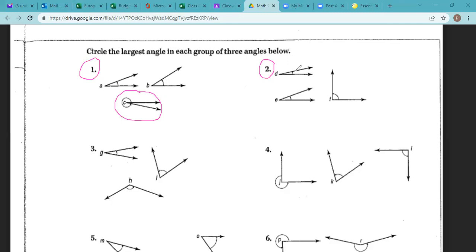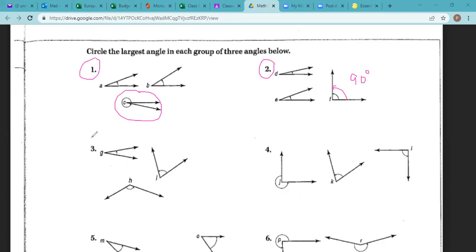All right, if you look at D, again, the arrow's on the inside. That means it's going to be a very small angle. E, it's slightly a little bit bigger than D. But F, do you remember how many degrees this would be? This would be a 90-degree angle. All right, so it is the largest angle out of all 3.